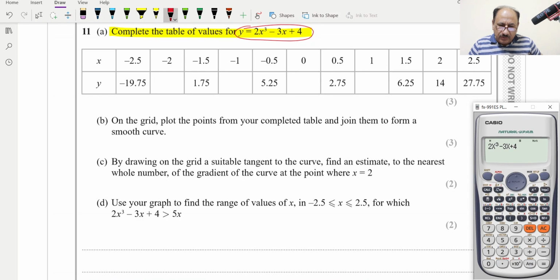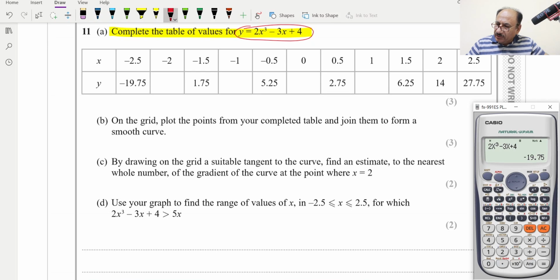After typing this, we will calculate. First we can calculate for minus 2.5, and we should get the answer minus 19.75. Let us check. So calculate for minus 2.5, and this is giving us the answer minus 19.75.